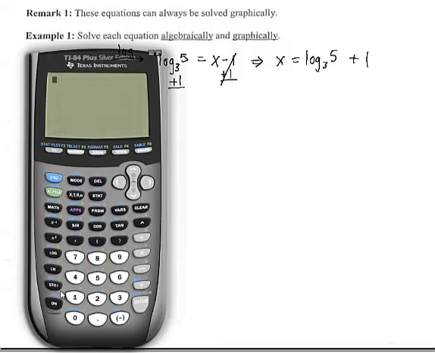So we bring up our calculator and we can calculate log base 3, argument 5, add 1, enter, and we get approximately 2.465.